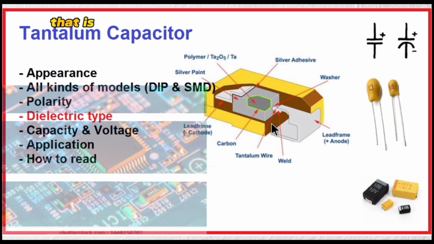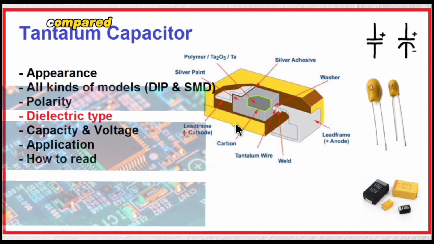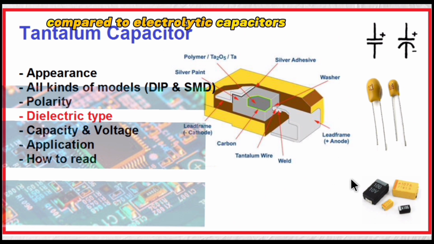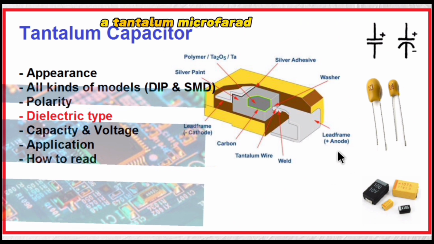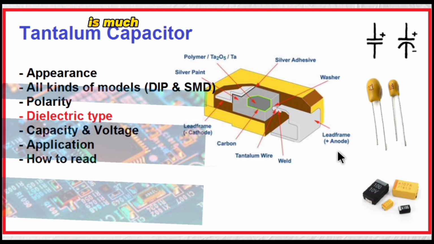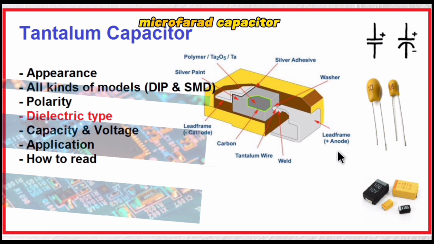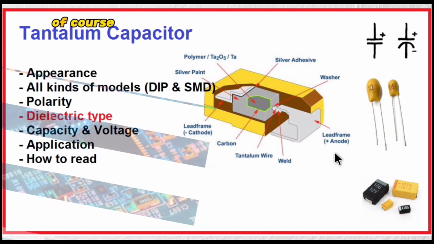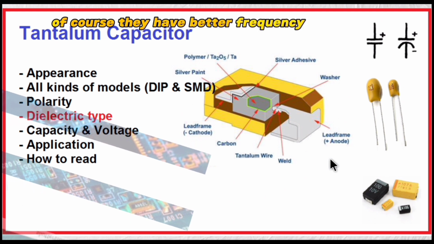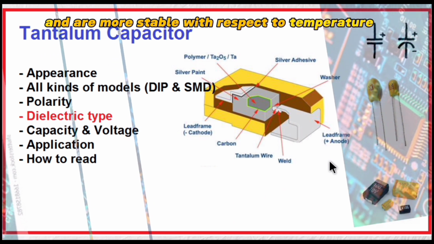That is, they have high capacities in a small size compared to electrolytic capacitors. For example, a tantalum microfarad capacitor is much smaller than an electrolytic microfarad capacitor with the same working voltage. Of course, they have better frequency behavior and are more stable with respect to temperature.